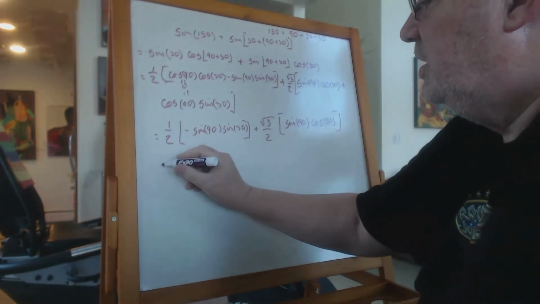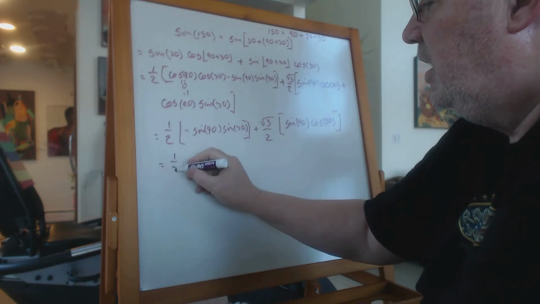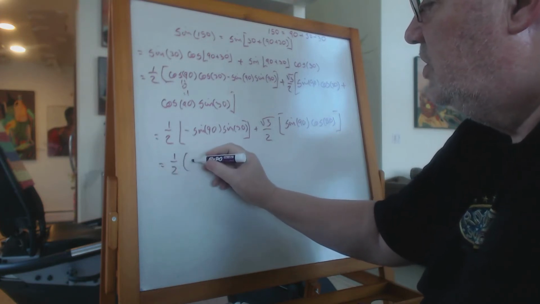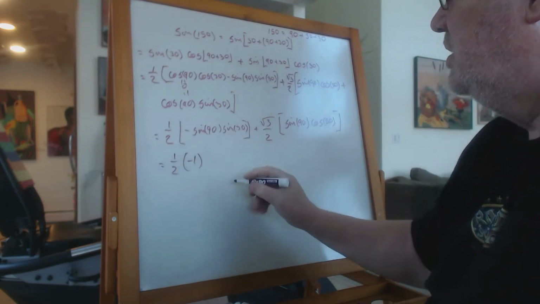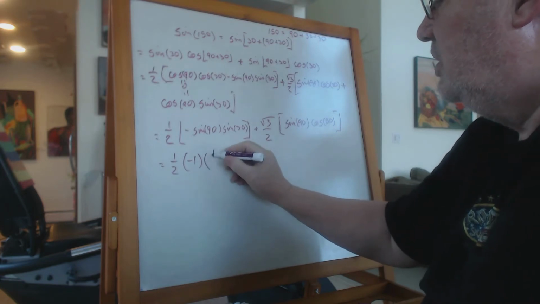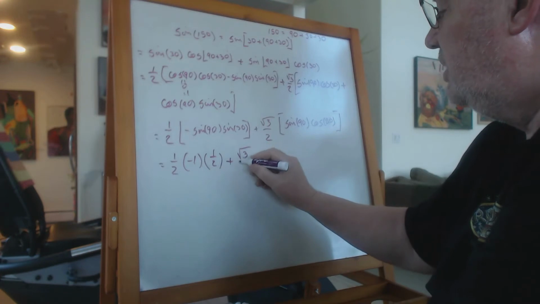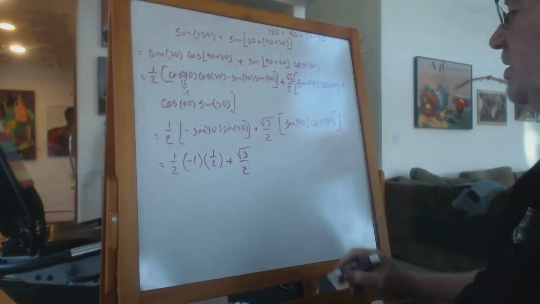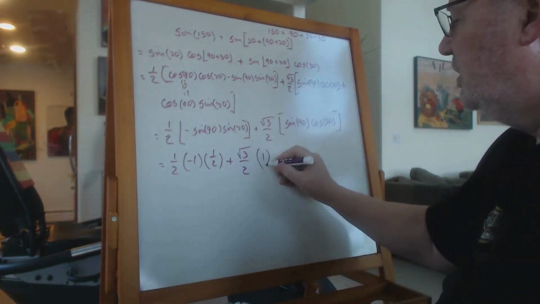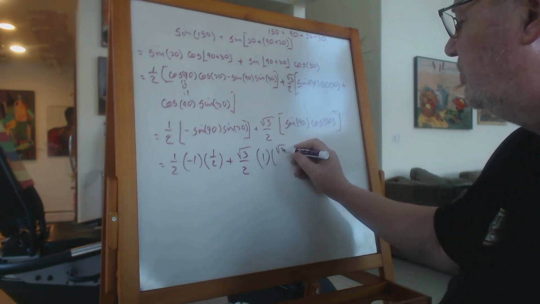And so that is equal to 1/2 times -1 times 1/2 plus square root of 3 on 2 times 1 times square root of 3 on 2.